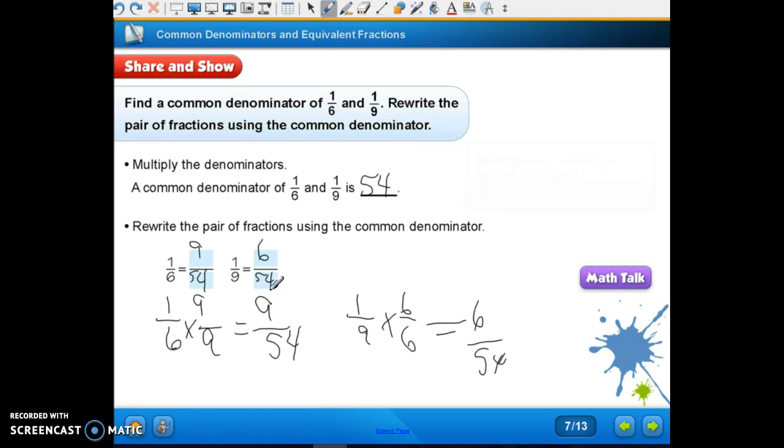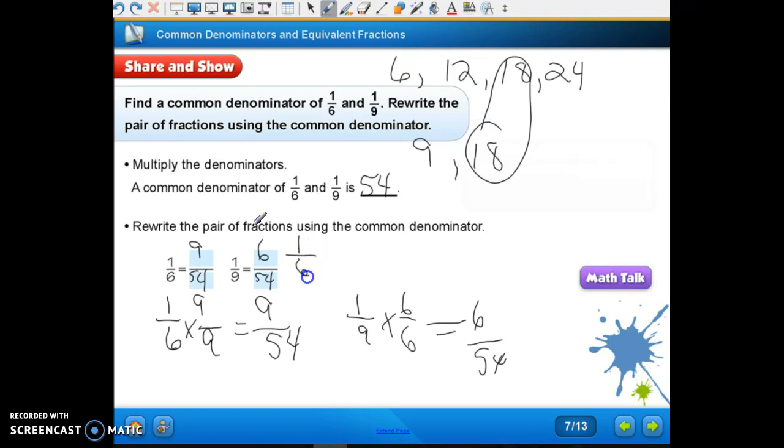What would be our other way? We could write out the multiples of 6 and 9, right? 6, 12, 18, 24. Now we can write the multiples of 9. There's our least common multiple. So we could have set them equal to 18. So 1/6 times something is going to be equal to something over 18. 6 times what is 18? 3.